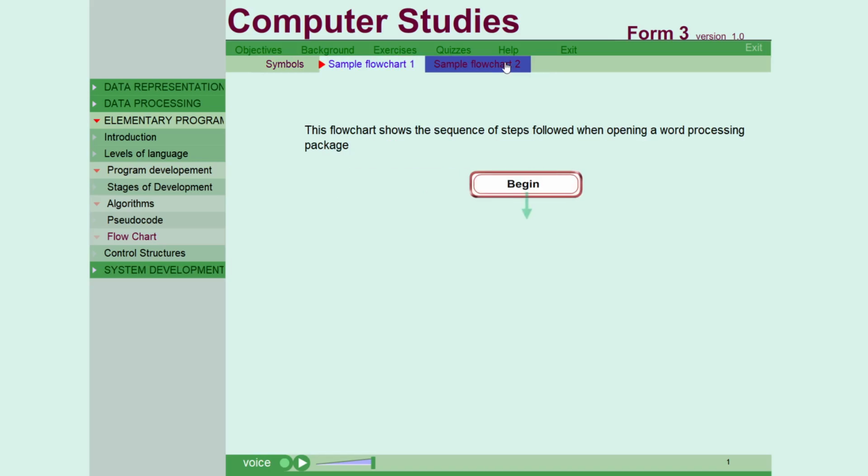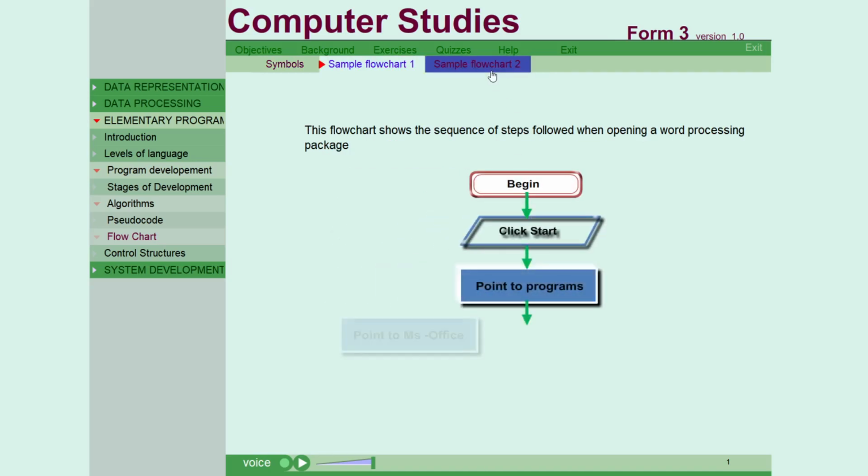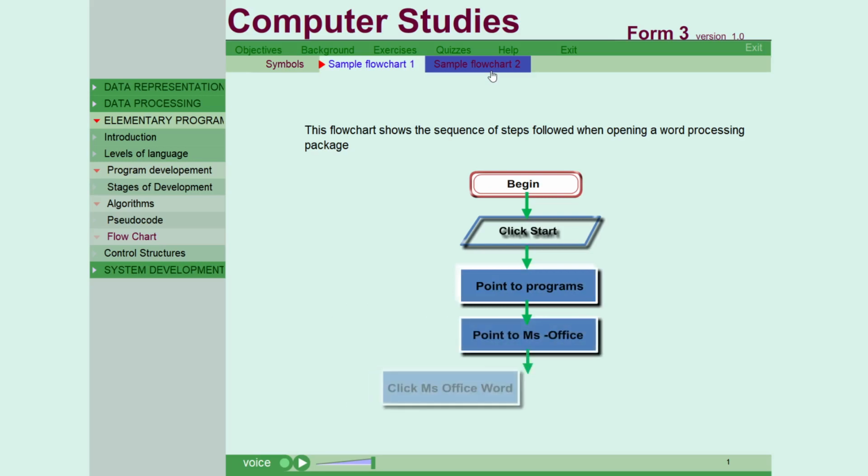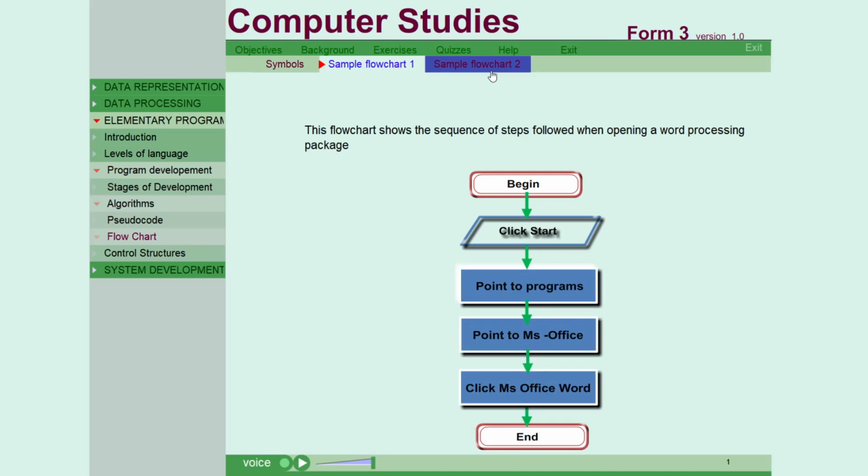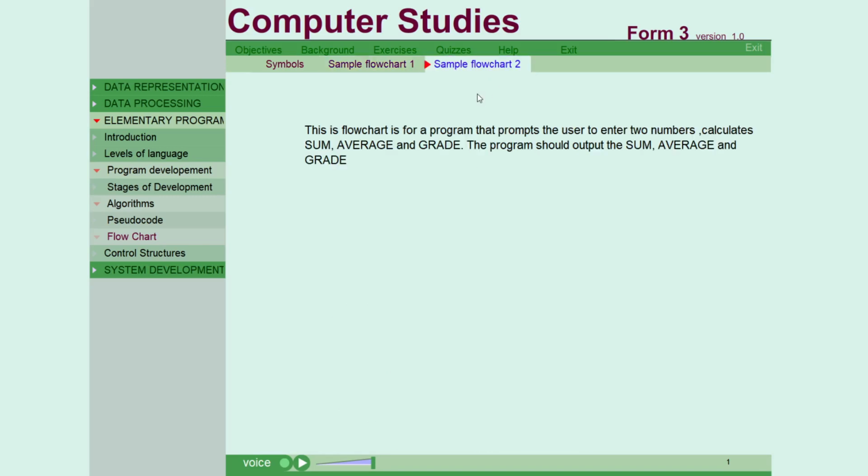This flowchart shows the sequence of steps followed when opening a word processing package. This is a flowchart for a program that prompts the user to enter two numbers, calculates sum, average, and grade. The program should output the sum, average, and grade.